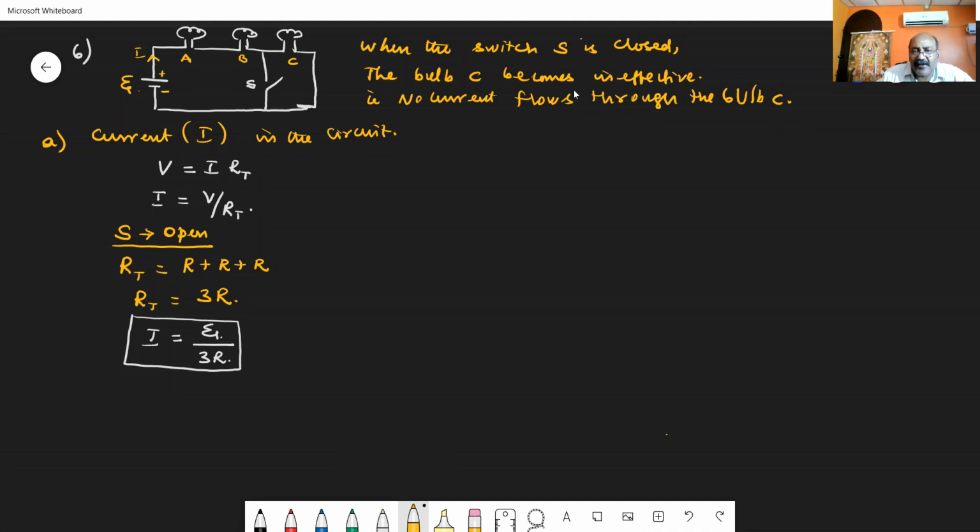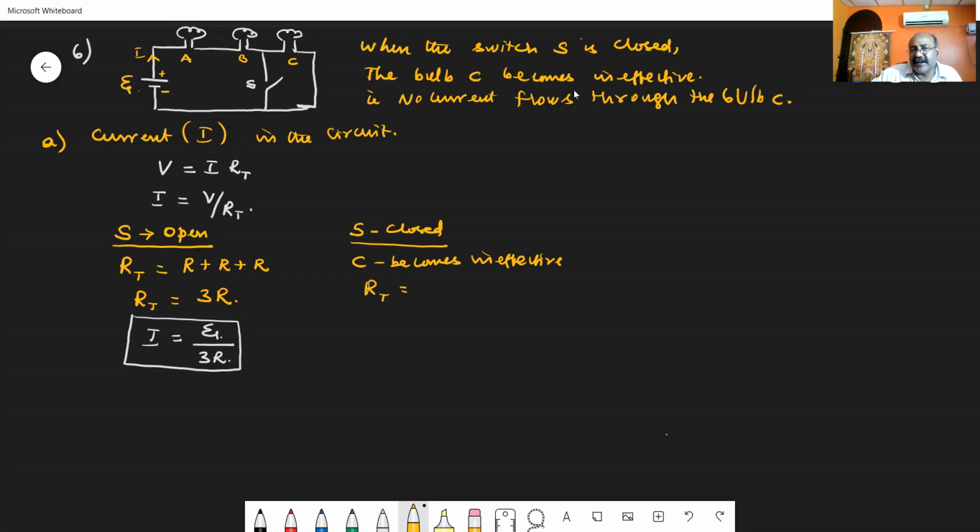Similarly, I have to calculate the current I when the switch S is closed. When the switch S is closed, C becomes ineffective. If C becomes ineffective, the current will flow through S and no current will flow through C. Then what will be the total resistance?